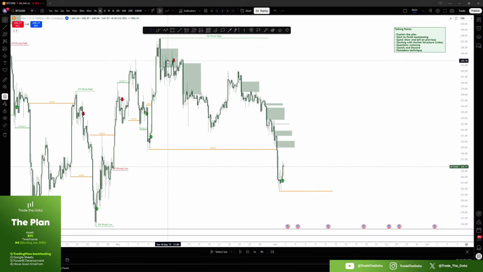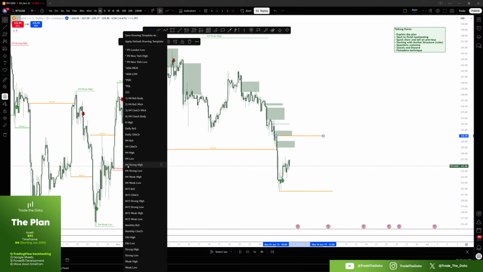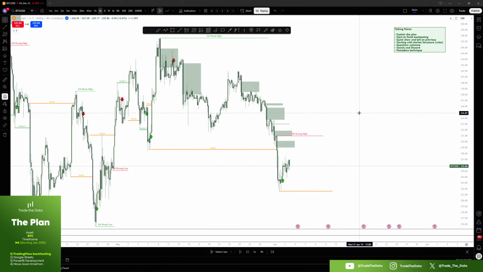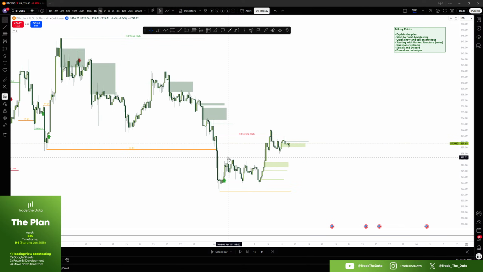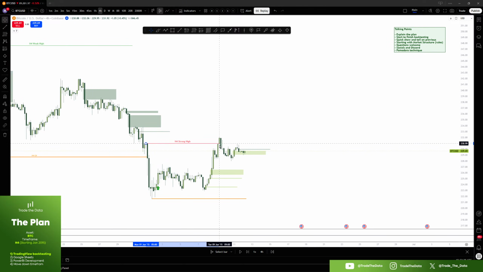But after what just happened there, it wouldn't surprise me if it now rips up, but we'll see. And there's the strong. Cool. So at the moment, the orange is the weak. It only did. Well done. Interesting.